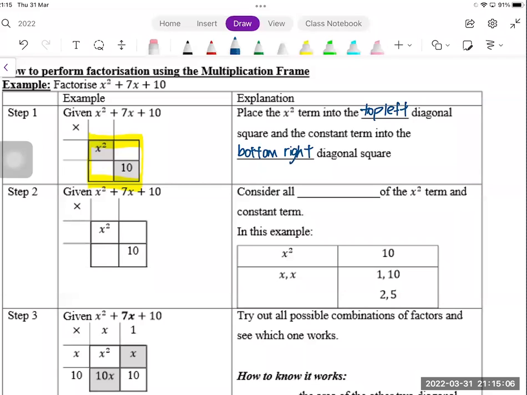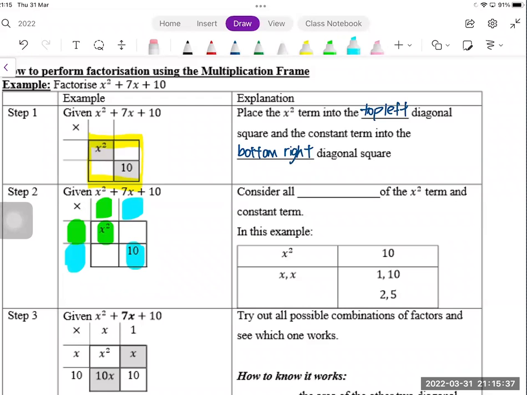Next, how do we know what the terms over here are? We know that all these are factors of your x squared and your 10, where these two will be factors of this, and this term and this term will be factors of this.